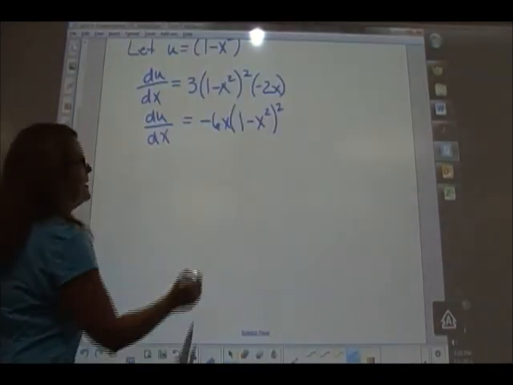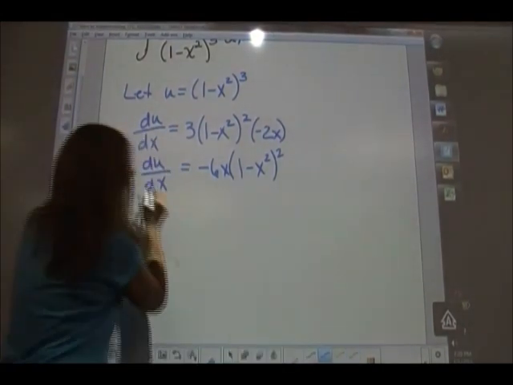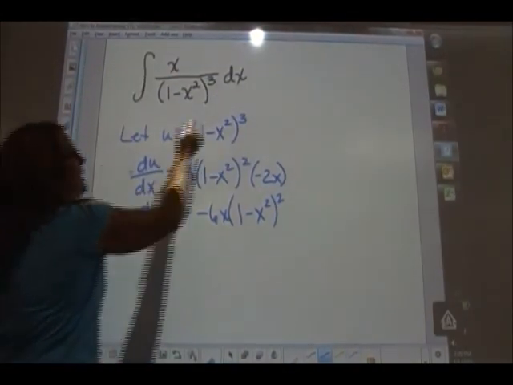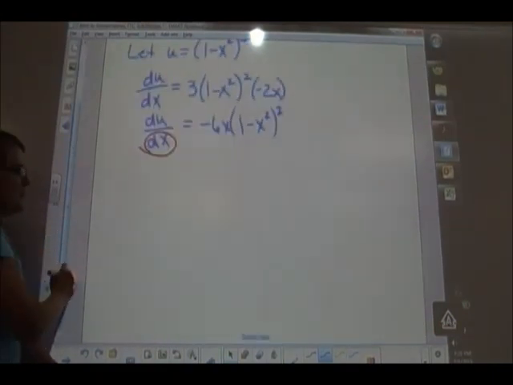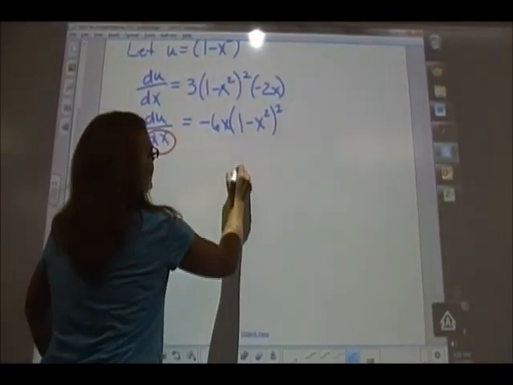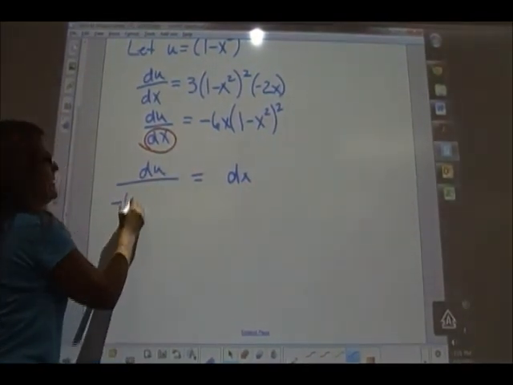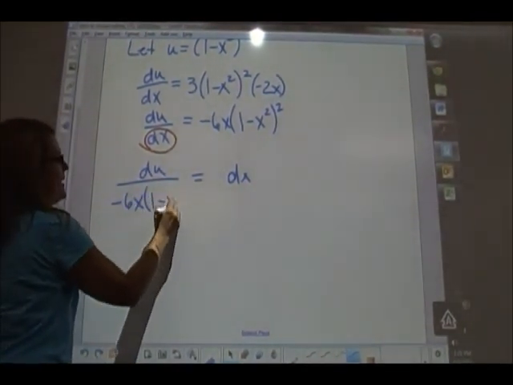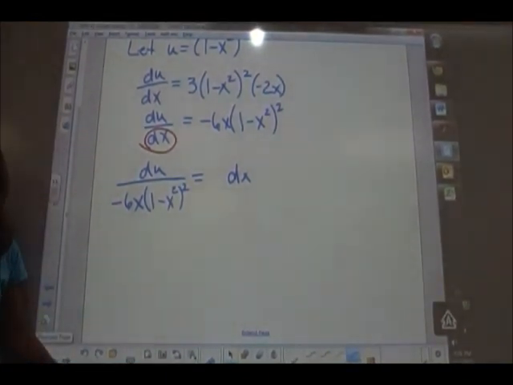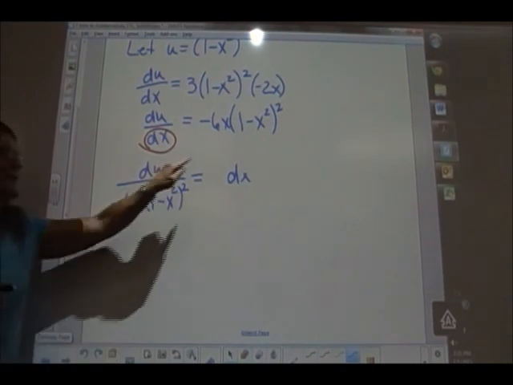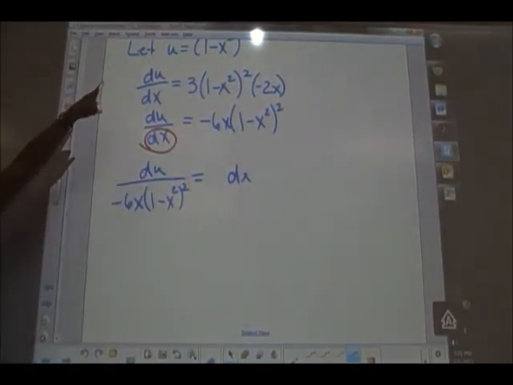So that means that I'm solving for dx. Now I'm solving for dx because this dx, remember, is this dx. So when I solve for dx, I've got dx is du over negative 6x times 1 minus x squared, and now I'm ready to substitute back in. Everywhere I see a dx, I'm going to put this in its place, up top.